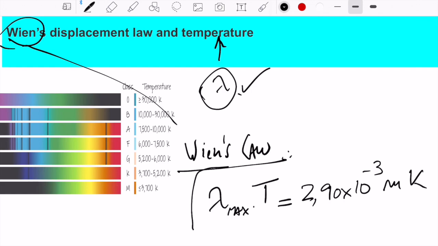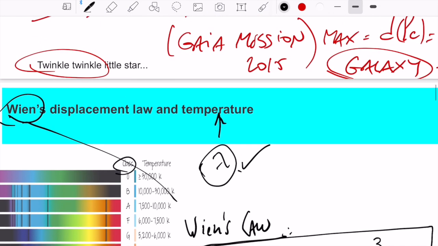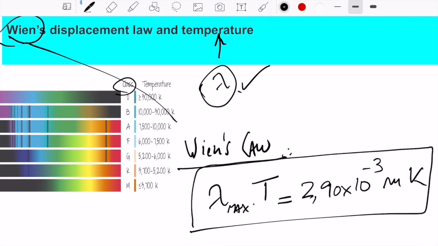So in a way, this law is very useful because we look at the star, we look at the maximum peak, we measure this, and then we can determine the temperature. And if we can determine the temperature, we can see what is the spectral class. Like O is a very hot star, around 30,000 kelvins.